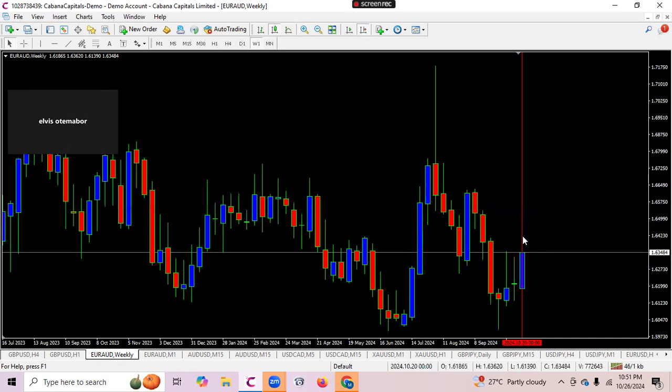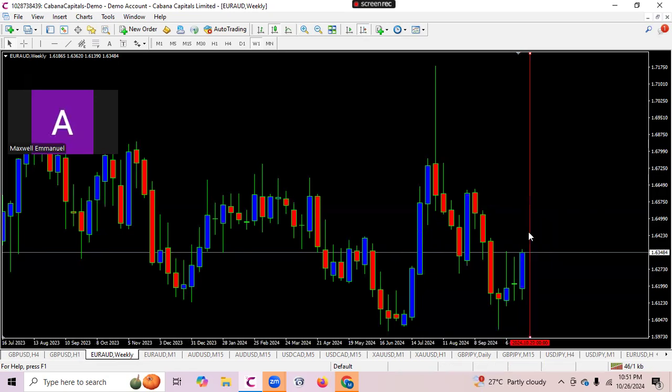Now it could also be that the buy we saw in the market last week would be to clear the liquidity residing at these previous highs. Also on the weekly time frame, we have a fair value gap here that is yet to be filled.